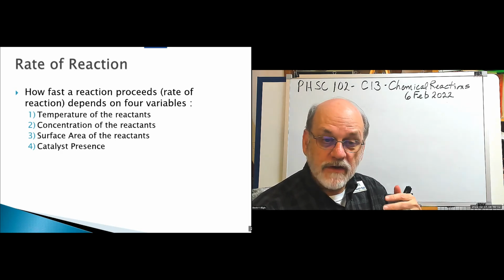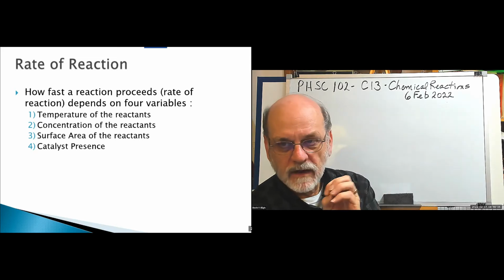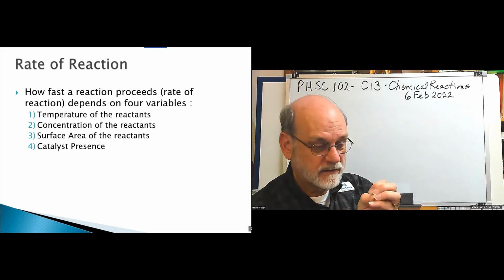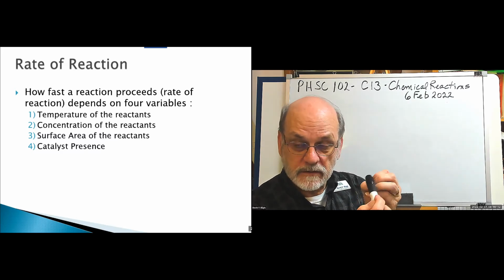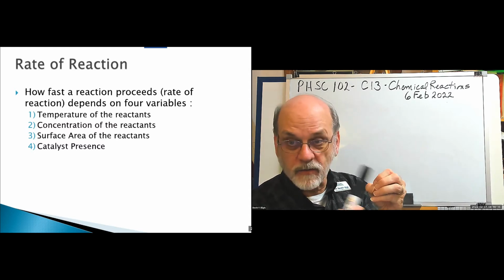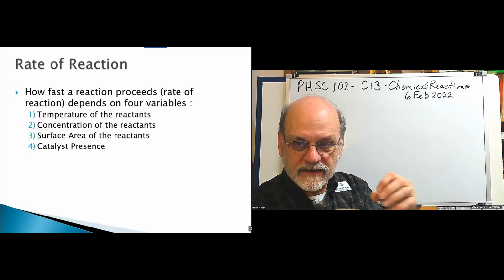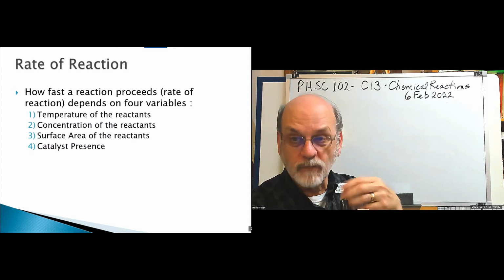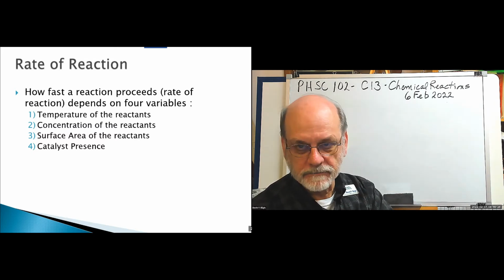If the reactants are in different phases, for instance, if one of the reactants is a solid, then the only place that the reaction can occur is on the surface, right? It can't get into the center. The other reactants can't make it to the center. So if you divide it into smaller pieces, you get more surface area. And the surface area of the reactants then will cause the reaction to proceed faster.